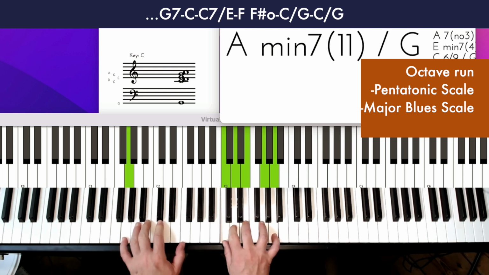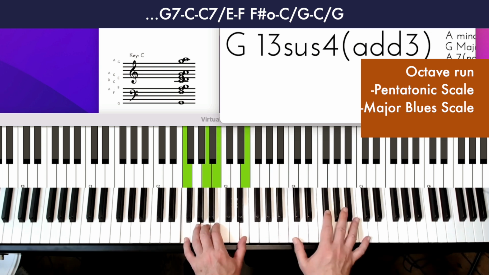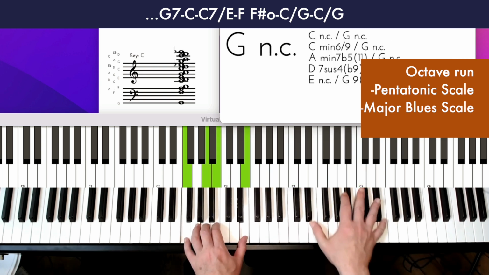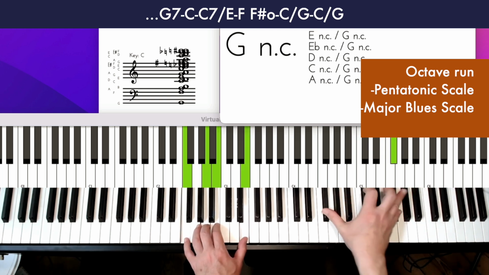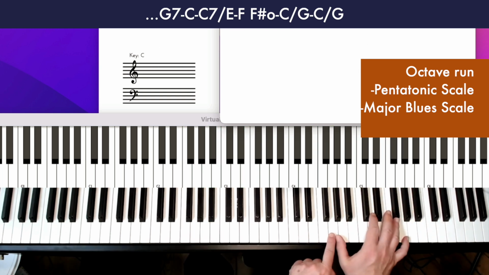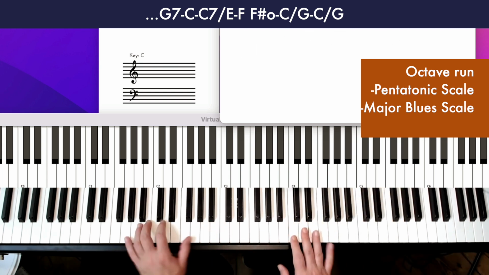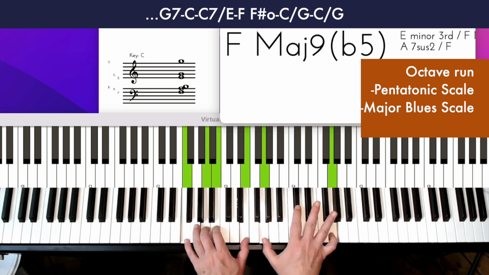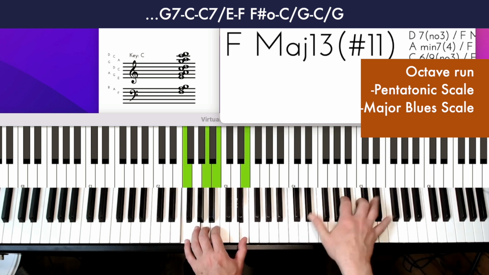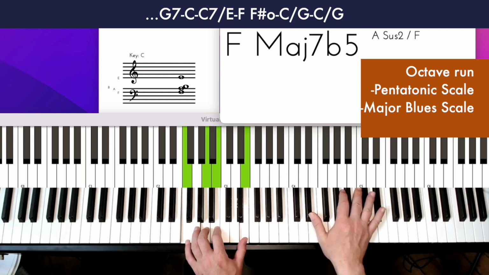So let's see what I do here. And this on top, it's just approaching the target note chromatically. That's not the pentatonic anymore. And you see, from here it's chromatic. You can always do this.